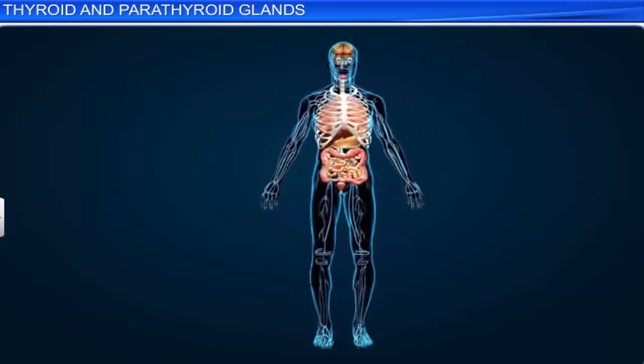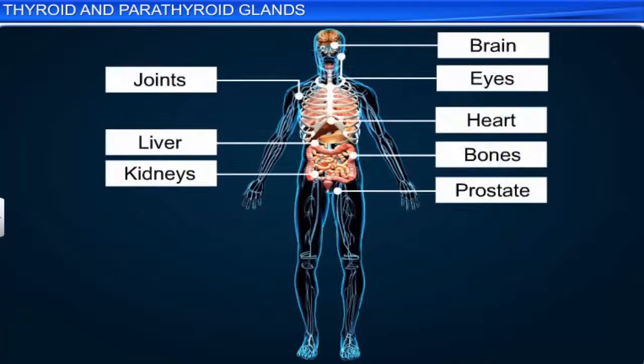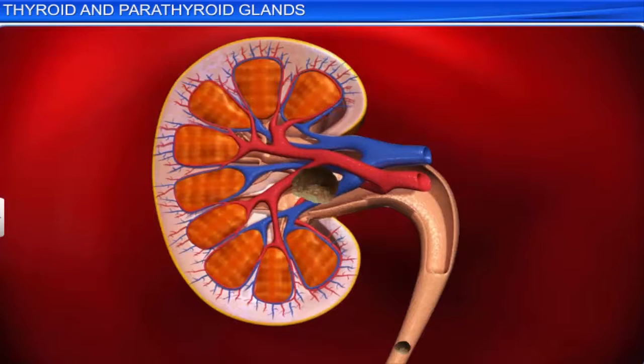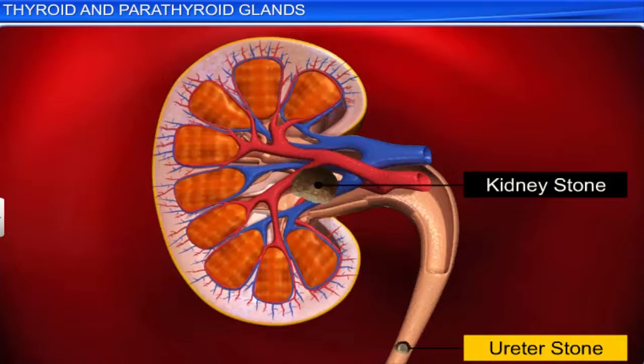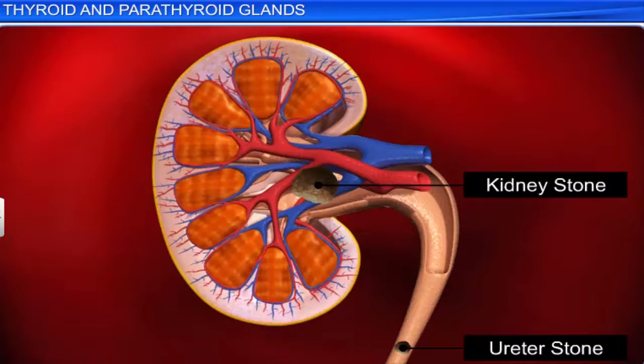Increased levels of calcium are deposited in various parts of the body, which brings about calcification of soft tissues. Hypersecretion of parathyroid hormone also produces stones in the kidneys and ureters, causing renal inefficiency.